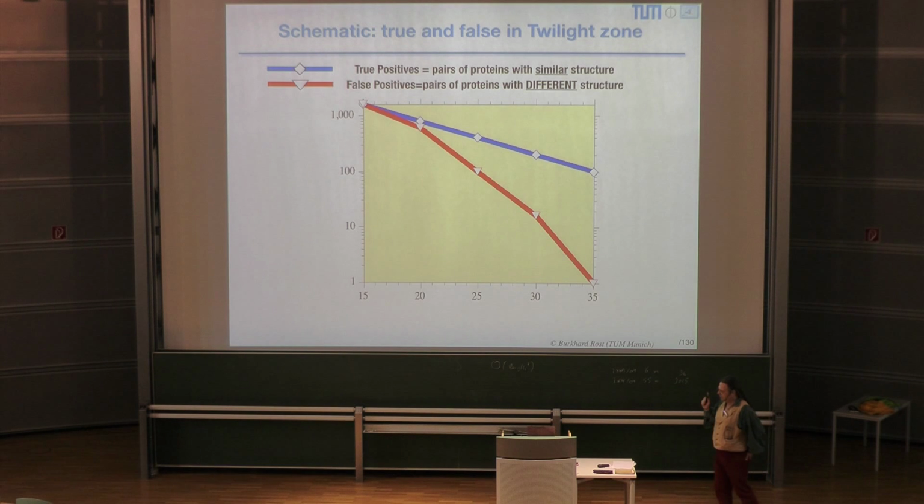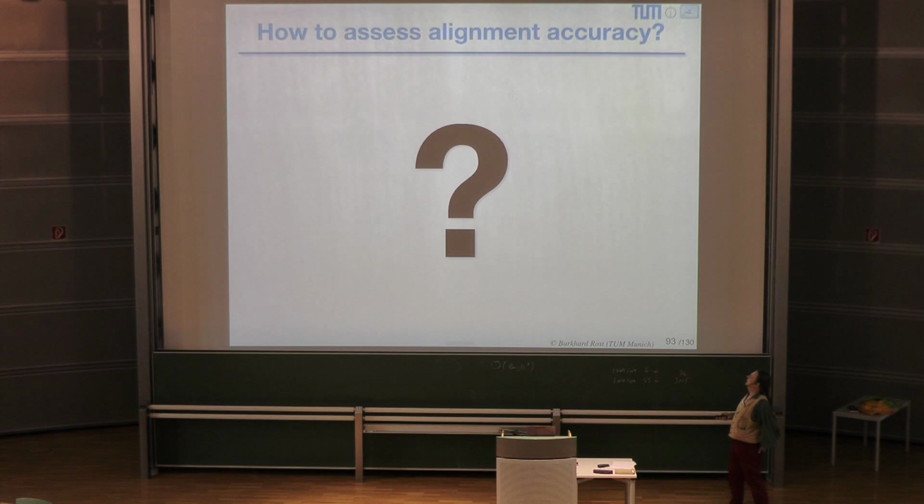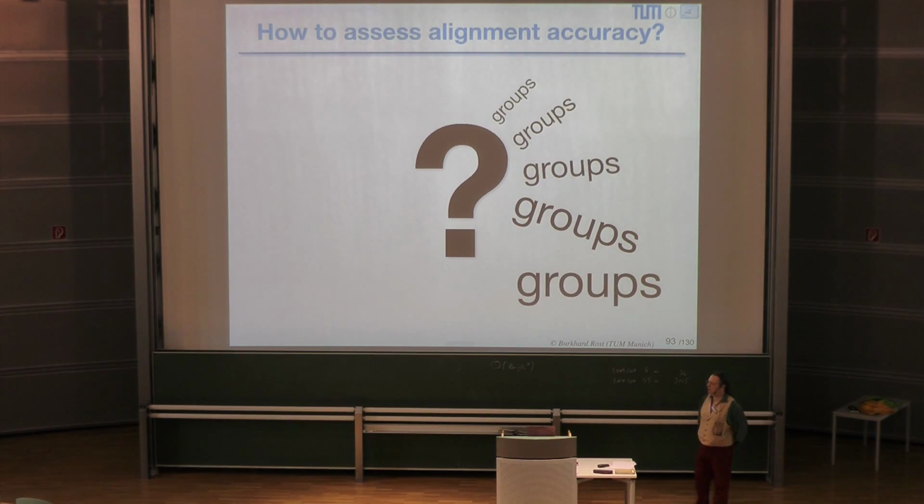Now, the problem is that at some point here where I drop in my accuracy, I also lose things that I wanted to find. So I have a payoff. And that brings us back to the question, how can we in fact assess alignment methods?